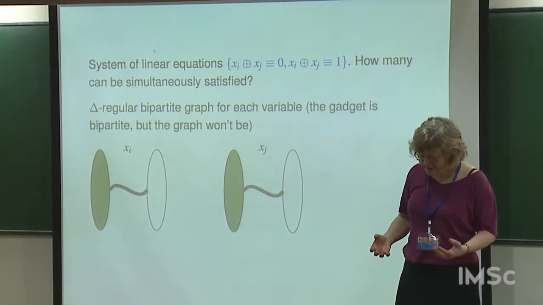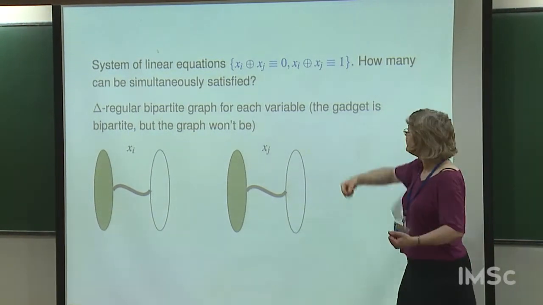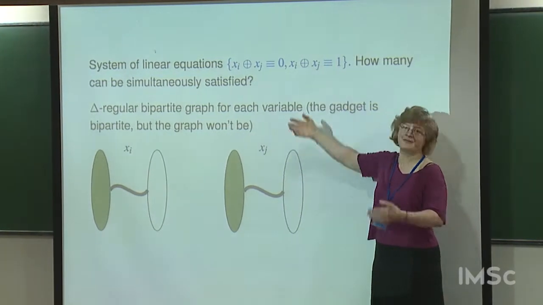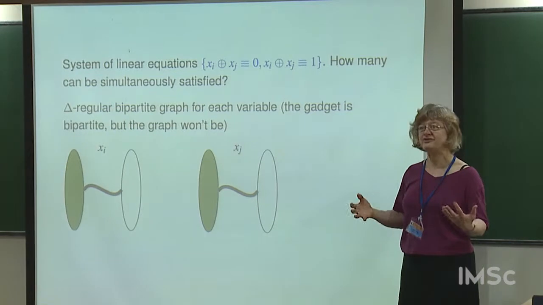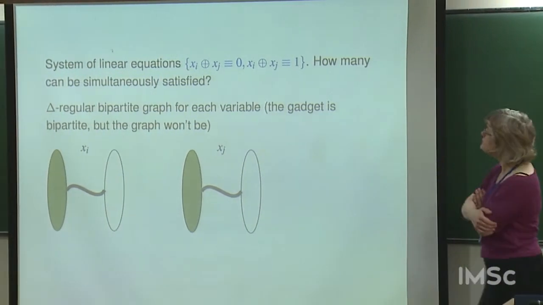Just like we went from finding a big independent set to counting independent sets, now I'm going to go from finding a big number of satisfied equations to counting independent sets, using the same kind of trick that you've just seen. Okay, good. So how do we do that?